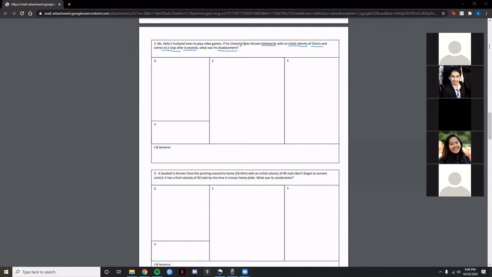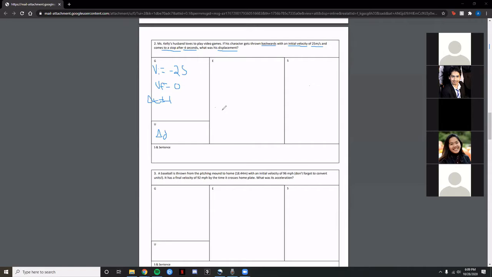So, let me think real quick. All right, so it gives us v of i, which we said was negative 25, and his v of f equals 0. His time equals 4 seconds. And we're trying to find displacement.